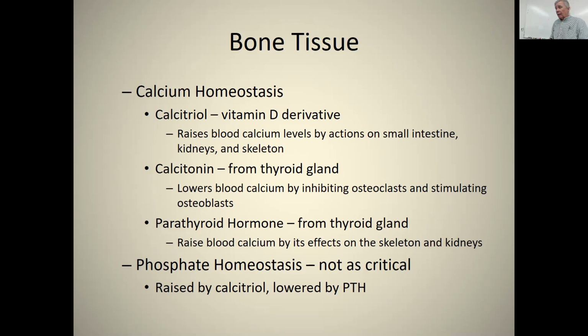Phosphate homeostasis is not as critical, but it goes in the opposite direction from calcium. It's raised by calcitriol, lowered by PTH. So PTH raises blood calcium, it lowers blood phosphate. Calcitriol raises blood calcium and lowers blood phosphate in the opposite pattern, so they go in opposite directions.